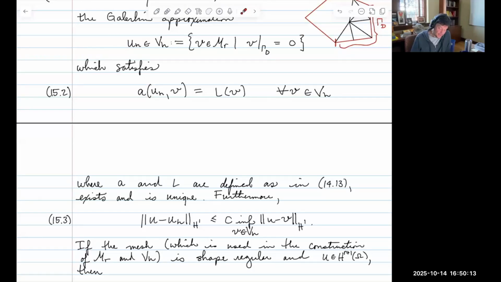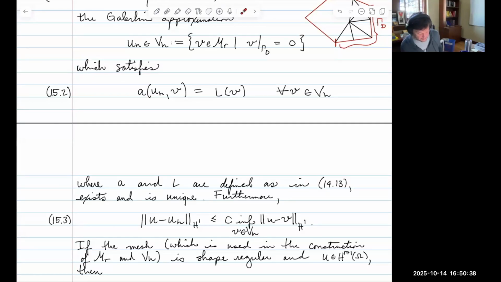So we know that the Galerkin approximation exists. If that's the case, then we know that u_h exists, and we can apply Céa's lemma to show that the norm of u minus u_h in H1 is less than a constant times the infimum taken over v_h of the H1 norm of u minus v. So that's just Céa's lemma.